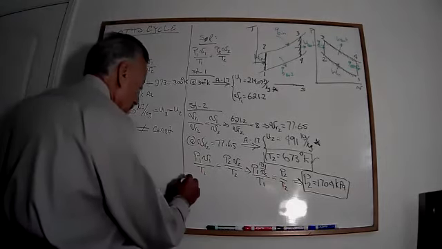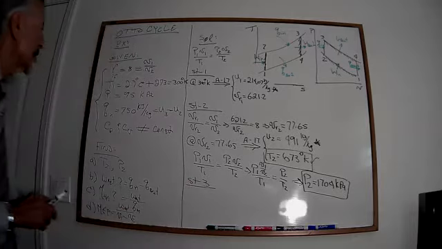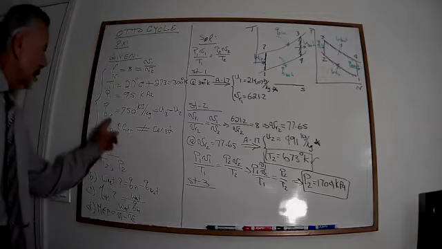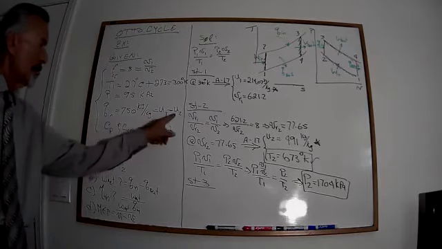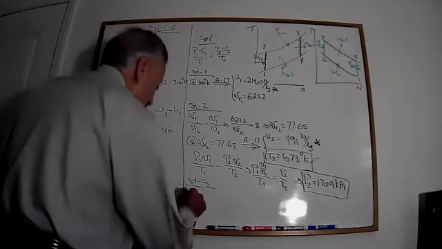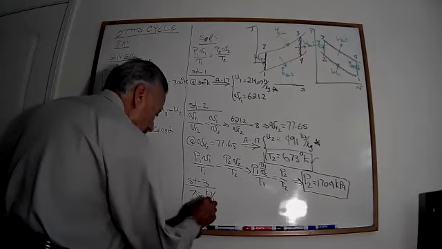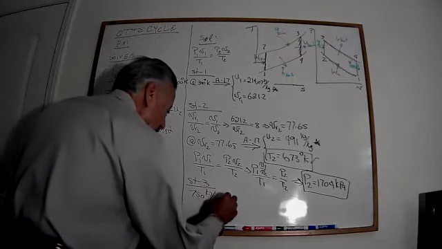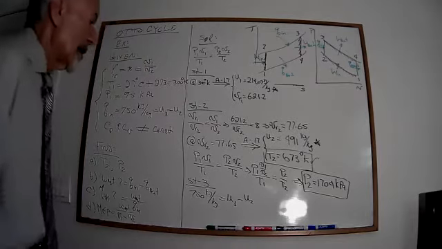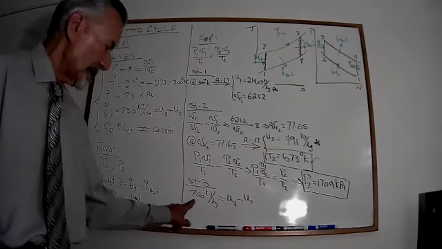Now we go to state 3. I look at state 3, go back to my problem, see what do I have. Q in, which is U3 minus U2, is given to me. So I'm going to write 750 kilojoule per kilogram is equal to U3 minus U2. U2 is right there. This is Q in, it's given to me.